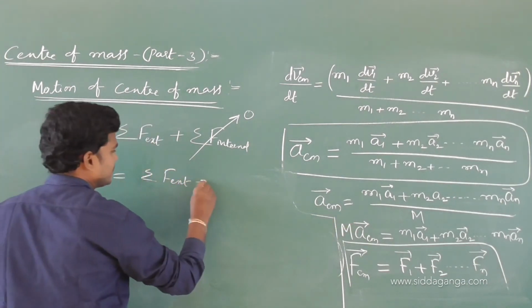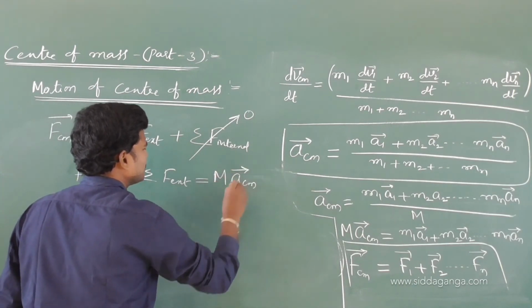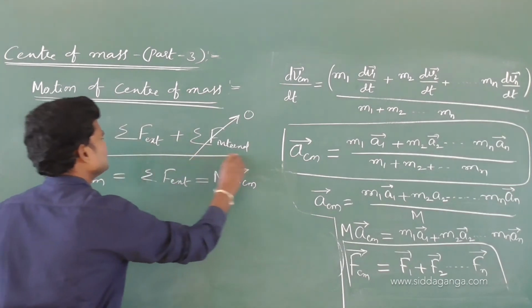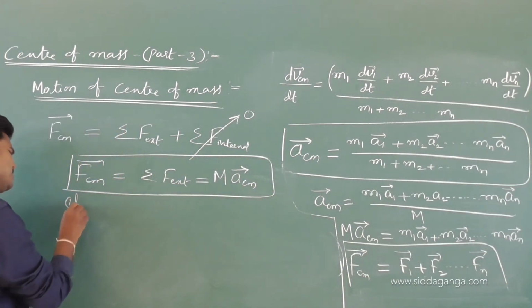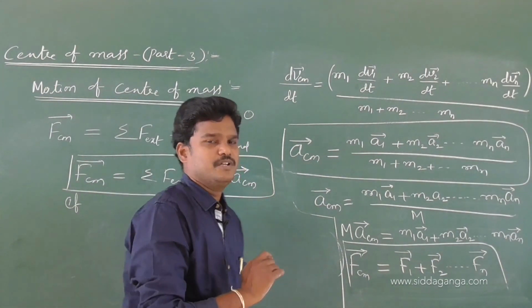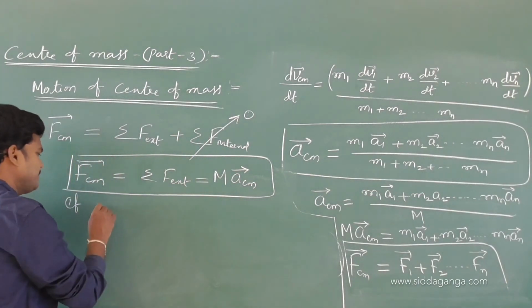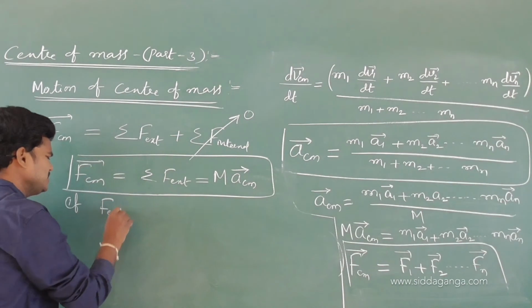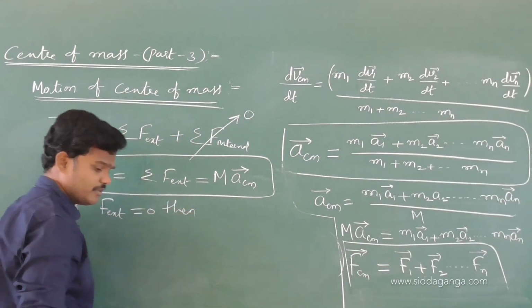So, let me write directly now here only M ACM bar. For suppose if external force acting on system of particles is 0, if there is no external force, then let us see what will happen, how the body will move.